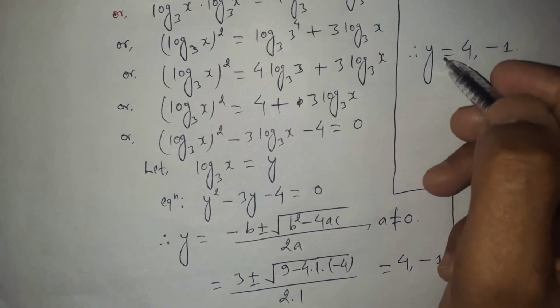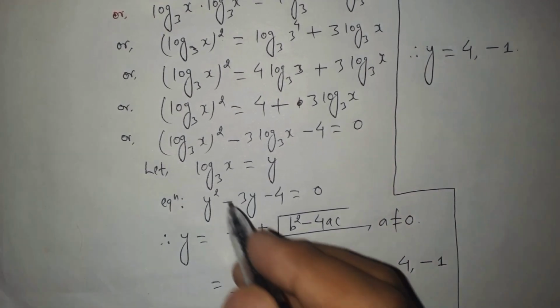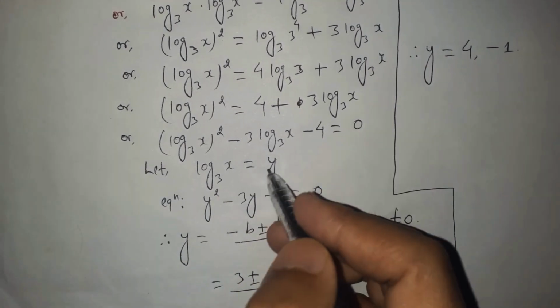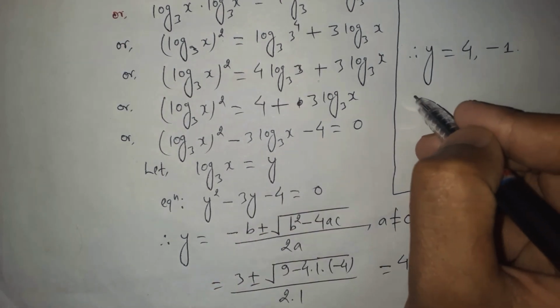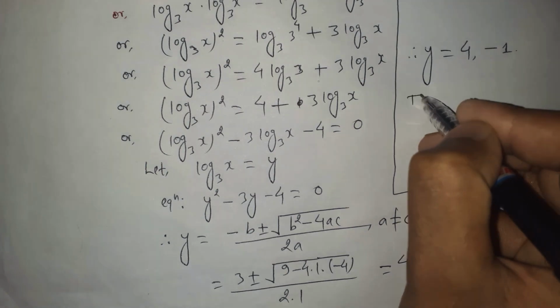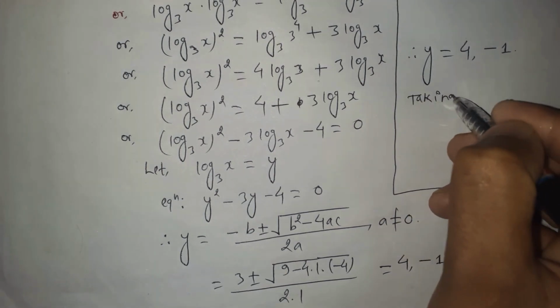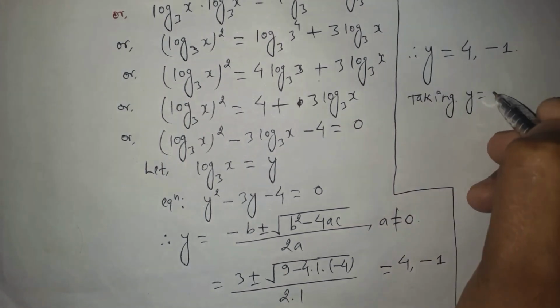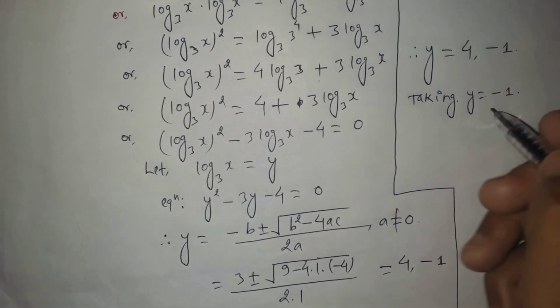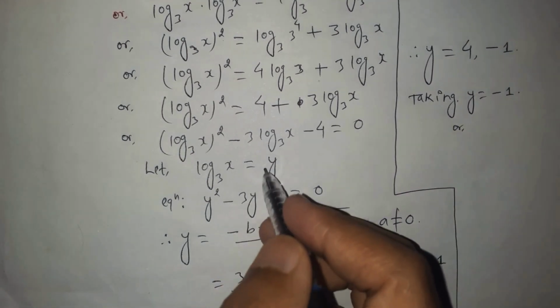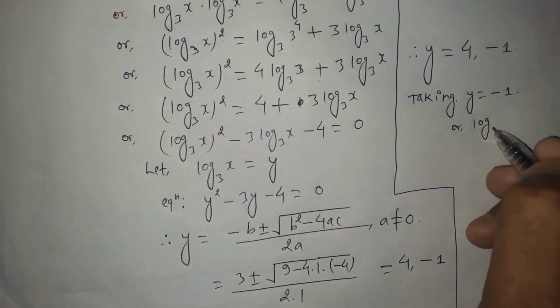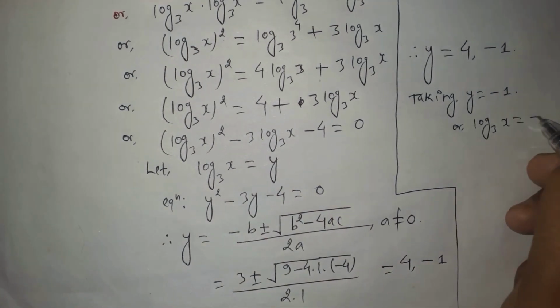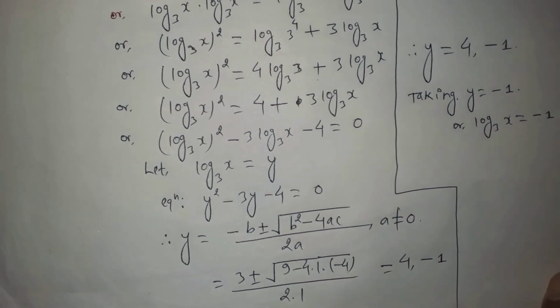These are the values of y. But y is our supposition. Here we supposed y is log with base 3 of x. Now taking one value of y at a time, taking y equal to negative 1 first. Here y is log with base 3 of x, and this is obtained as negative 1.